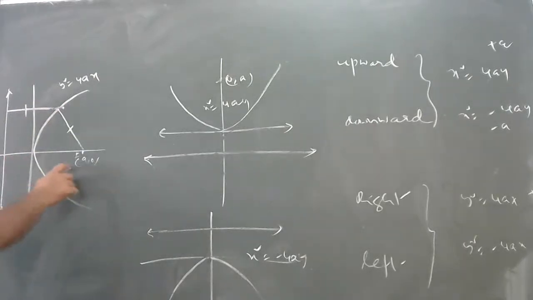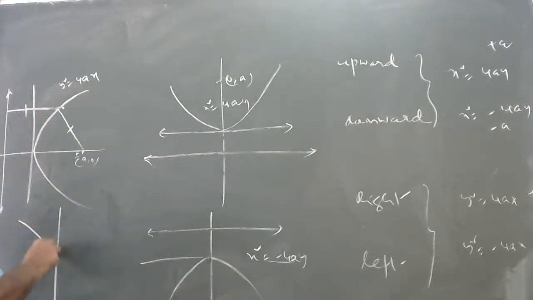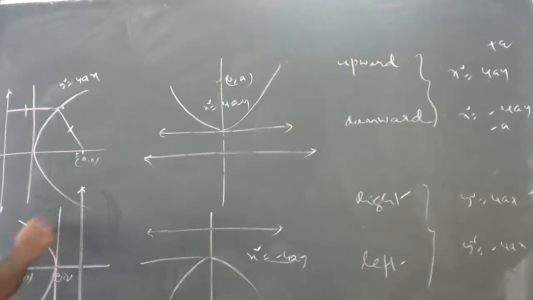Next, this is the right parabola, where y square will come. Here is the left parabola. Again, this will come here, minus a, 0. The line is on the x-axis. This is the origin. All of these distances are equal, these two distances. At any point here, this distance is equal to this distance.